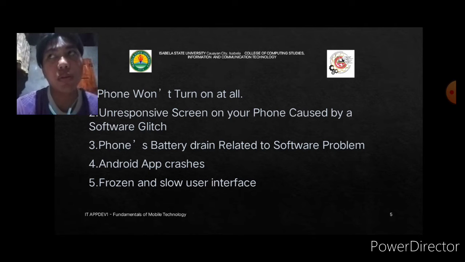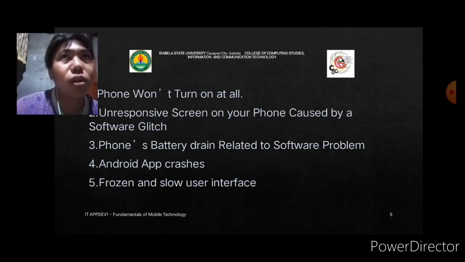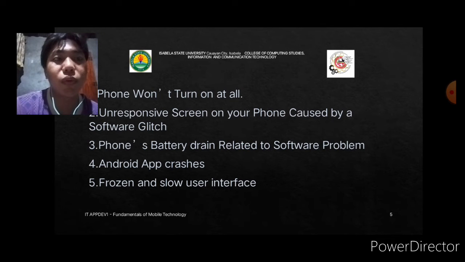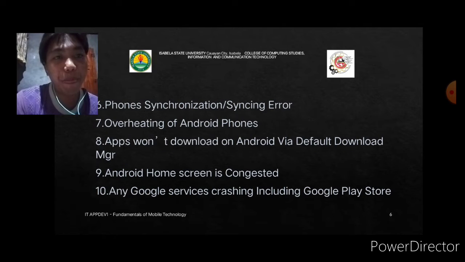Madalas ang mga ganito is yung mga naglalaro ng mga cellphone o kaya kung ano yung gina-download na softwares o kaya application sa mobile phone nila. And phone synchronization and syncing errors and overheating of Android phones.